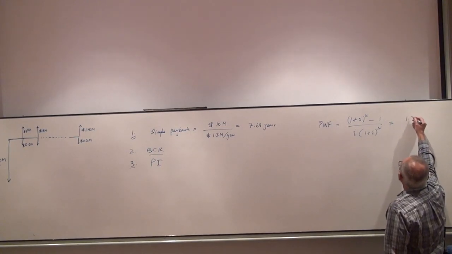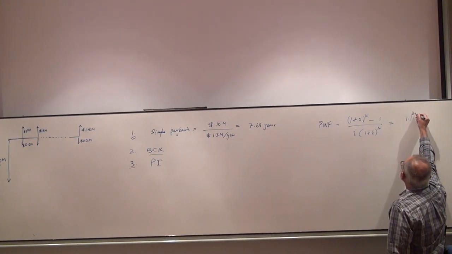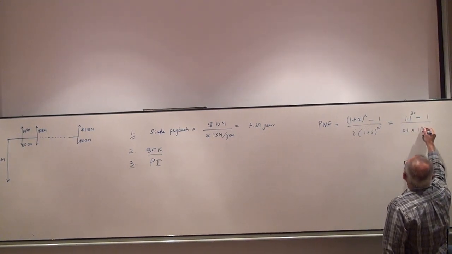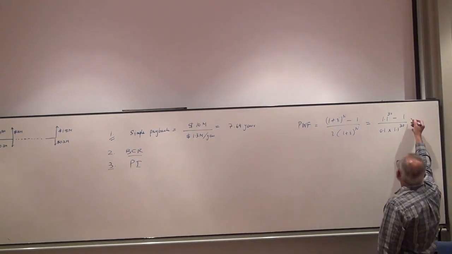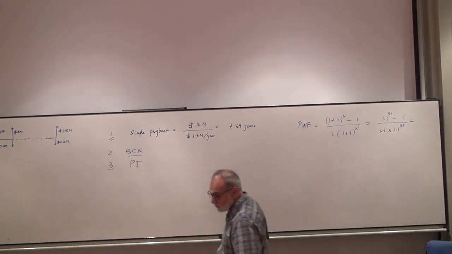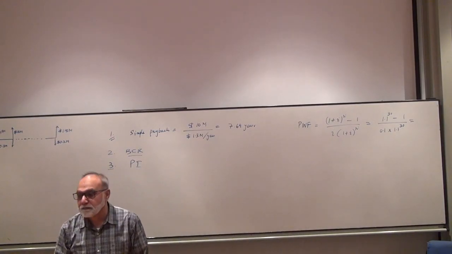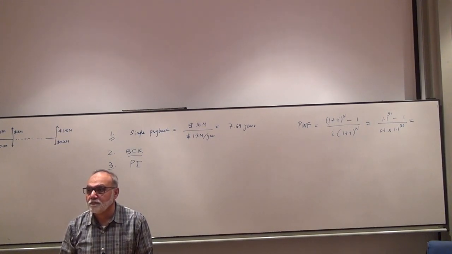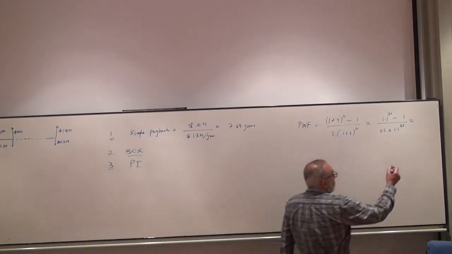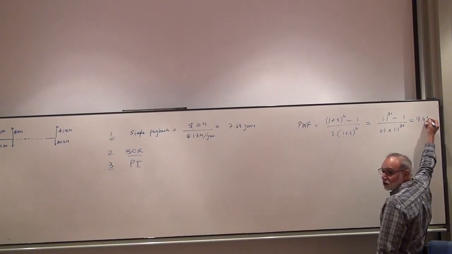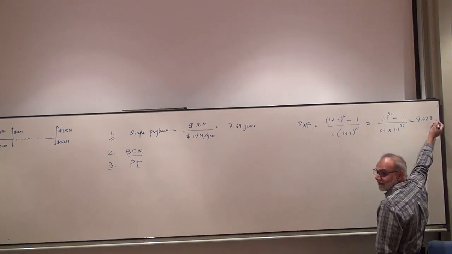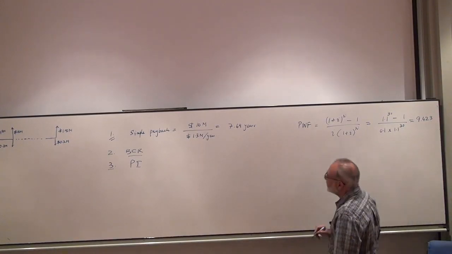So we have 1.1 raised to power 30 minus 1, divided by 0.1 times 1.1 raised to power 30. Please calculate this present worth factor. Use your calculators. It is 9.423.